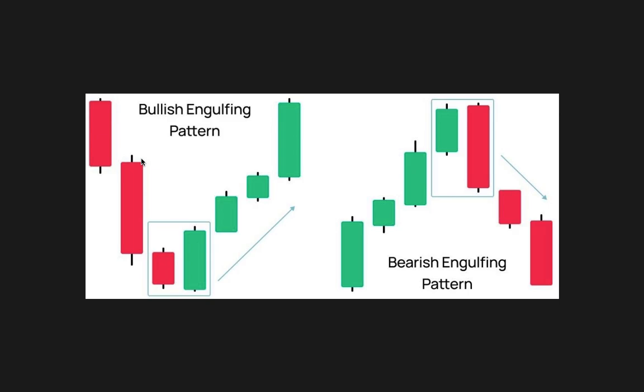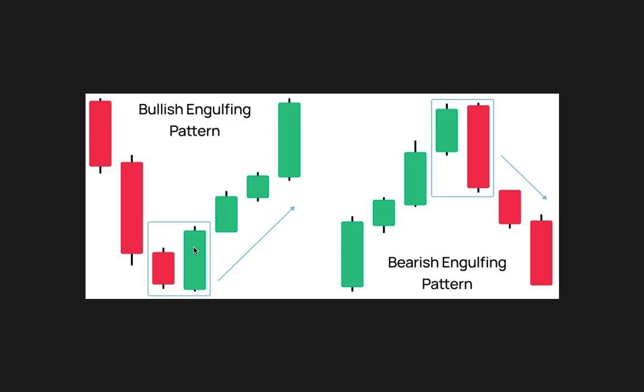When you see an engulfing candlestick, it has a very long body, a strength, and a small wick up. When you spot something like this, it means it's an engulfing candlestick.